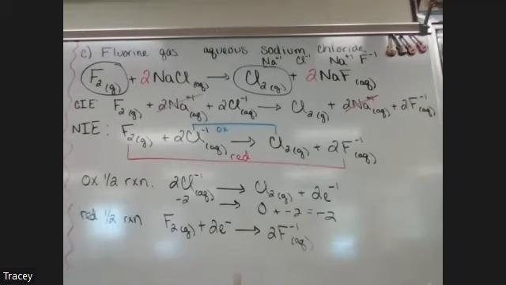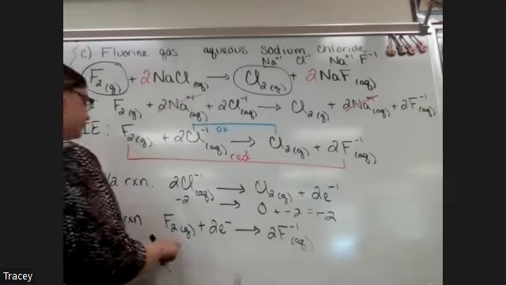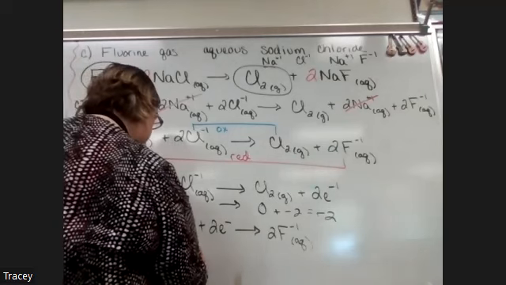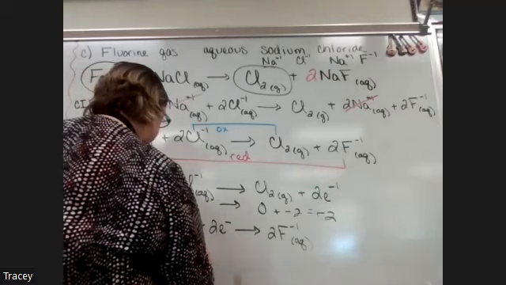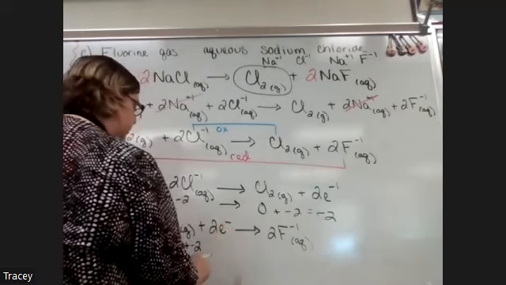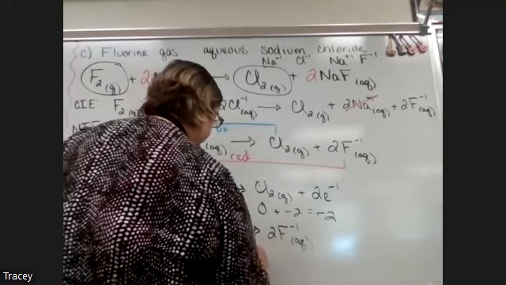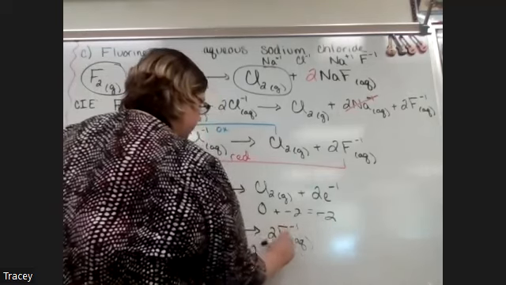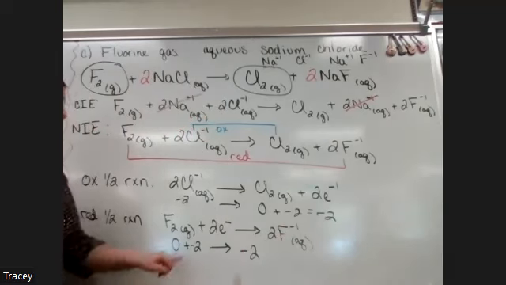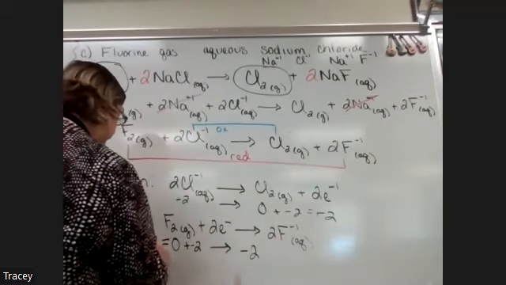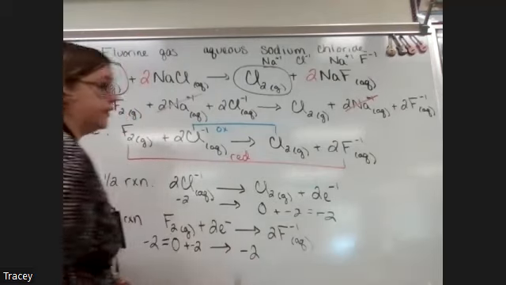Now check that out. We've got F2, so that's a 0, it's neutral, plus 2 -1 charges, so -2, and that's going to yield 2 -1 ions, so that's a -2. 0 plus -2 is -2, so -2 yields -2.